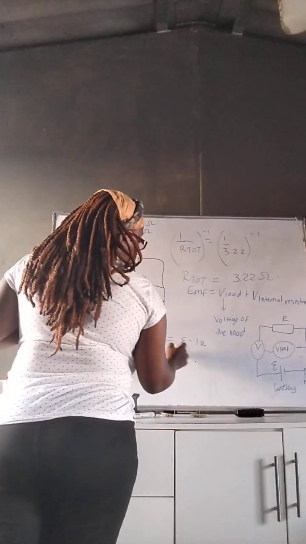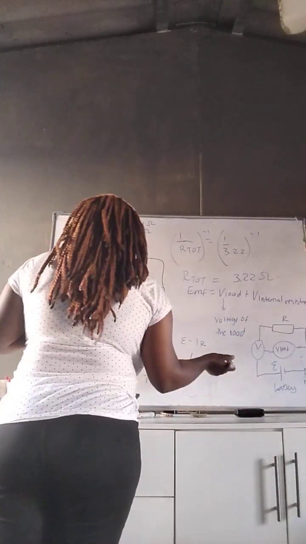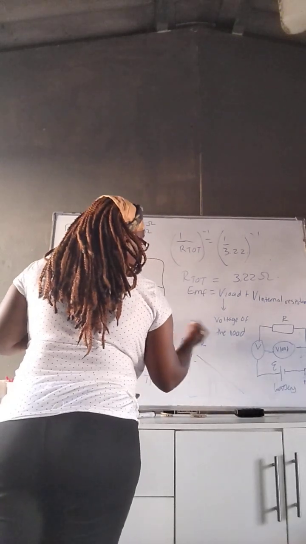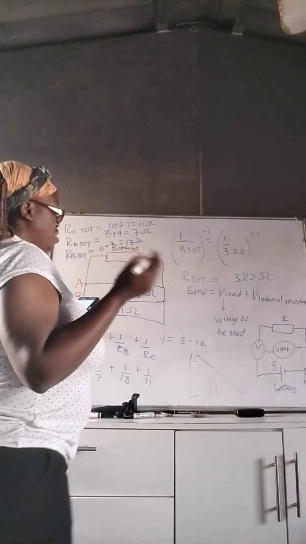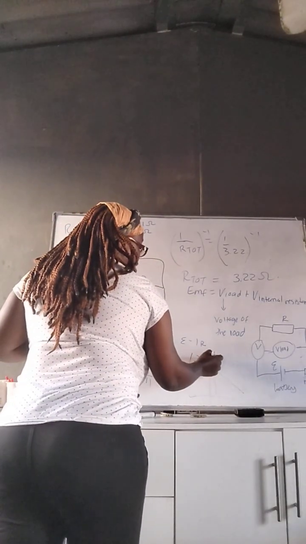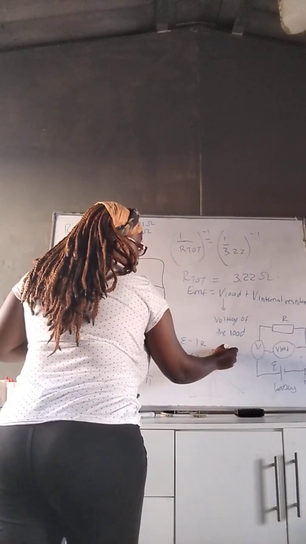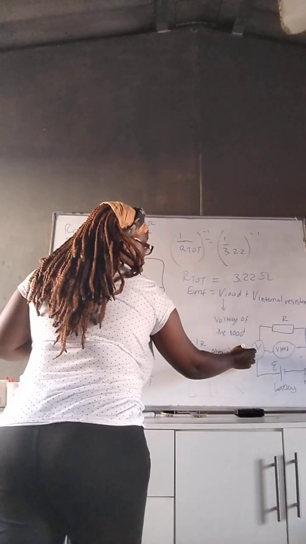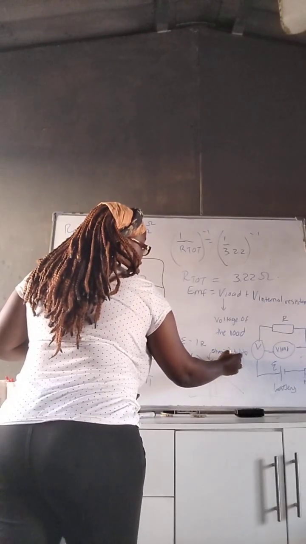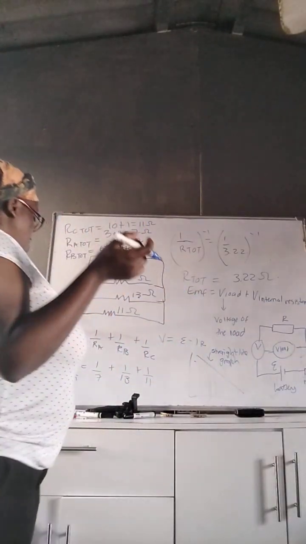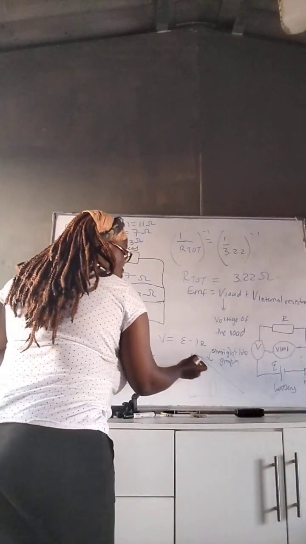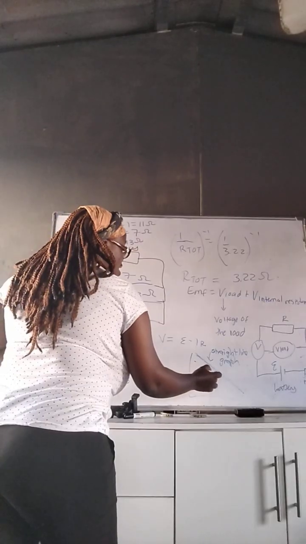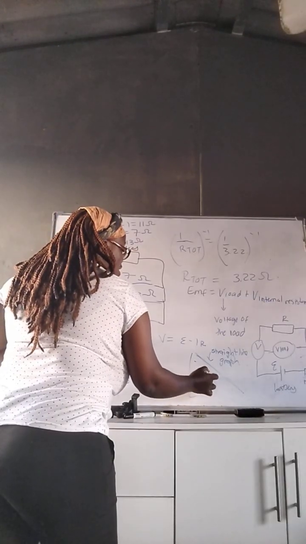When our graph is in the form of y equals mx plus c, this is a straight line graph, and it's easy to use. So the slope, as you can see on this part, is actually negative, right?